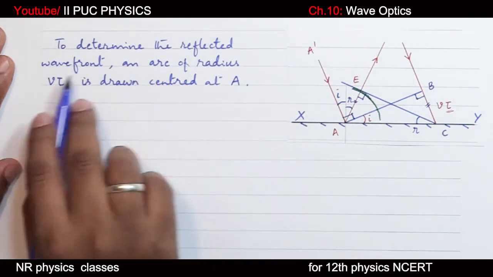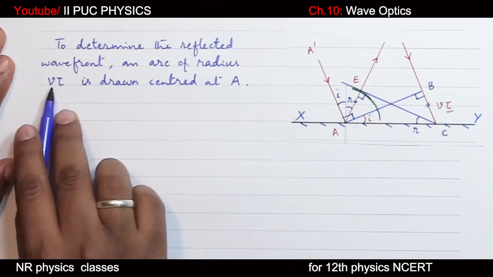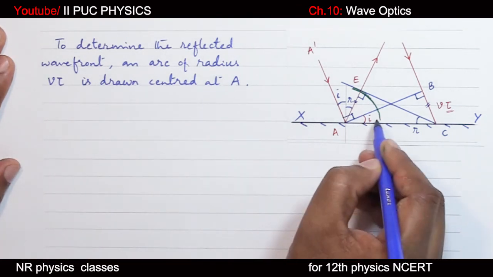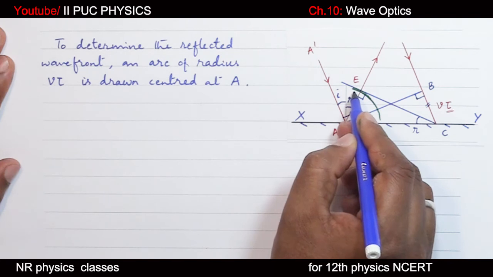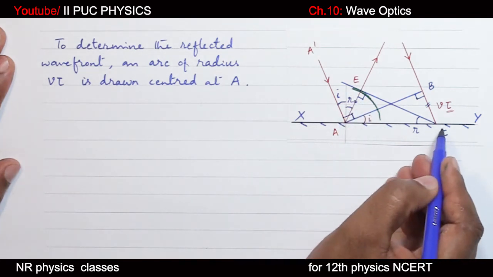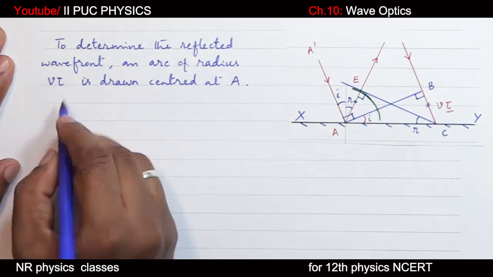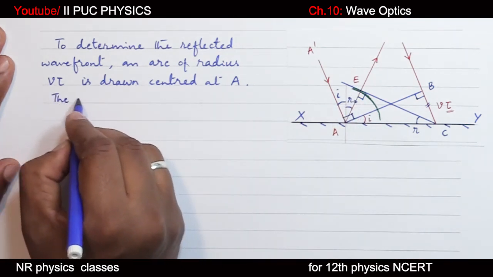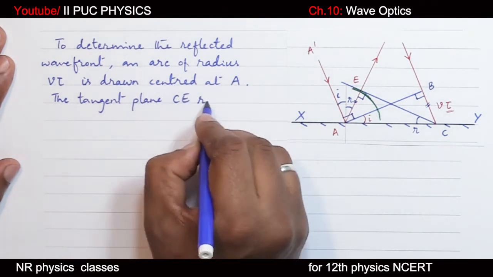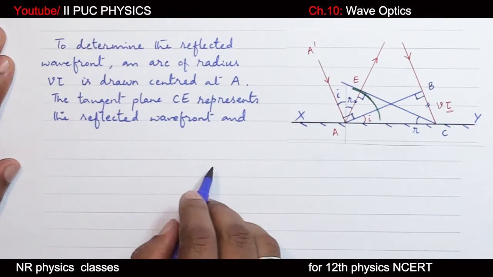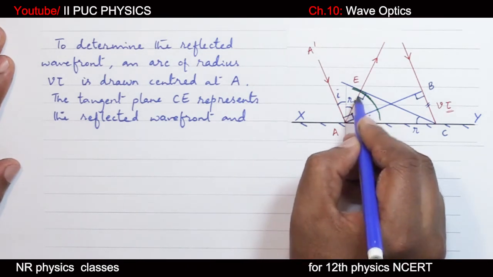To determine the reflected wavefront, an arc of radius V tau is drawn centered at A. That is this arc. The tangent plane CE represents the reflected wavefront, and AE is the reflected ray.